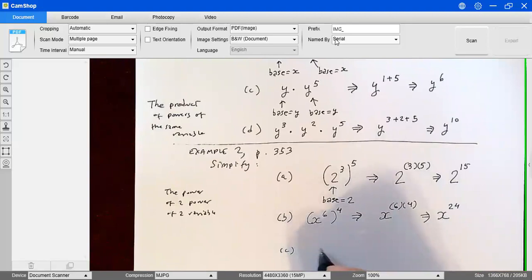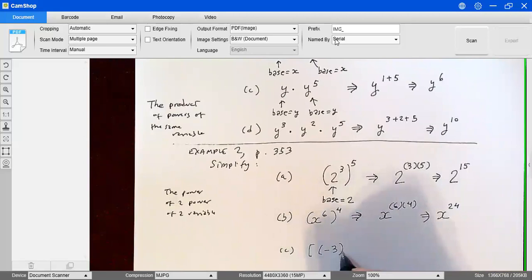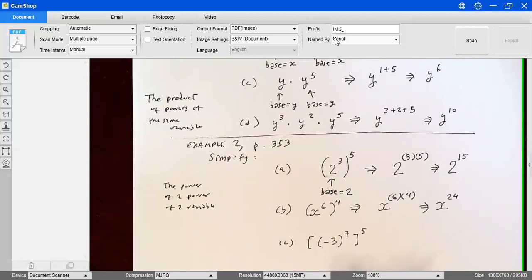And we have one more case. So we have a -3 to the 7, and that's raised to the 5th power. So what is the base? Here, remember, when you have a parenthesis, we are indicating that the base, in this case, is -3. So -3 is raised to the 7th power.